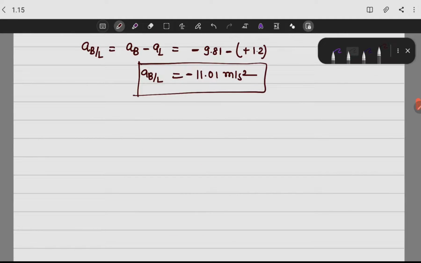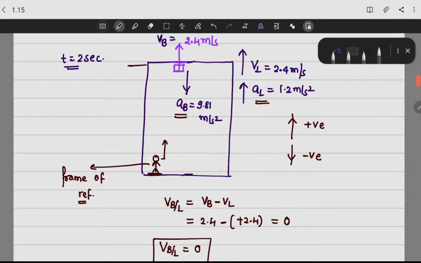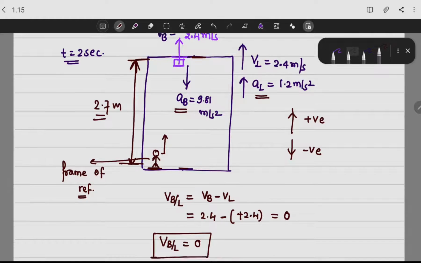Now the distance the bolt has to travel with respect to this frame of reference is nothing but 2.7 meter, the distance between the ceiling and the floor.